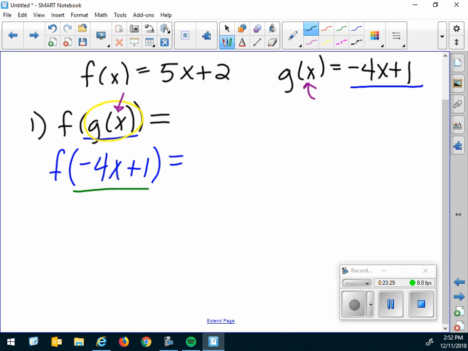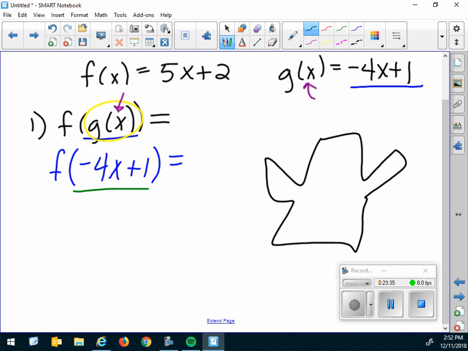My function now, this is going into what function? F. Now look what's going in. Negative 4x plus 1. How in the world do we figure out what comes out?